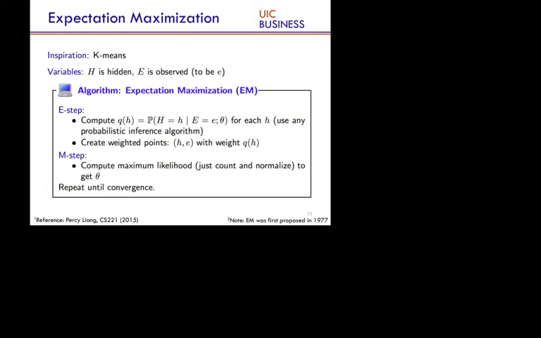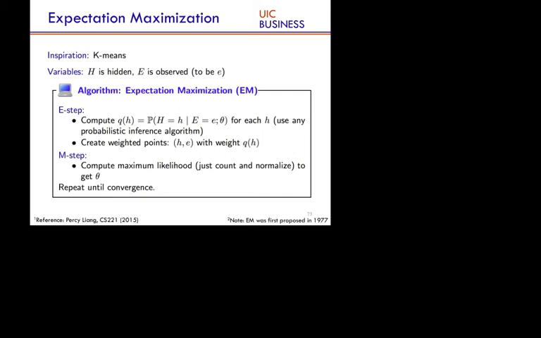I'll compute some distribution Q of H, which is the probability of H equal to some realization small h, given my observed random variables and theta, for each h. And then I'm just going to use this Q of H.